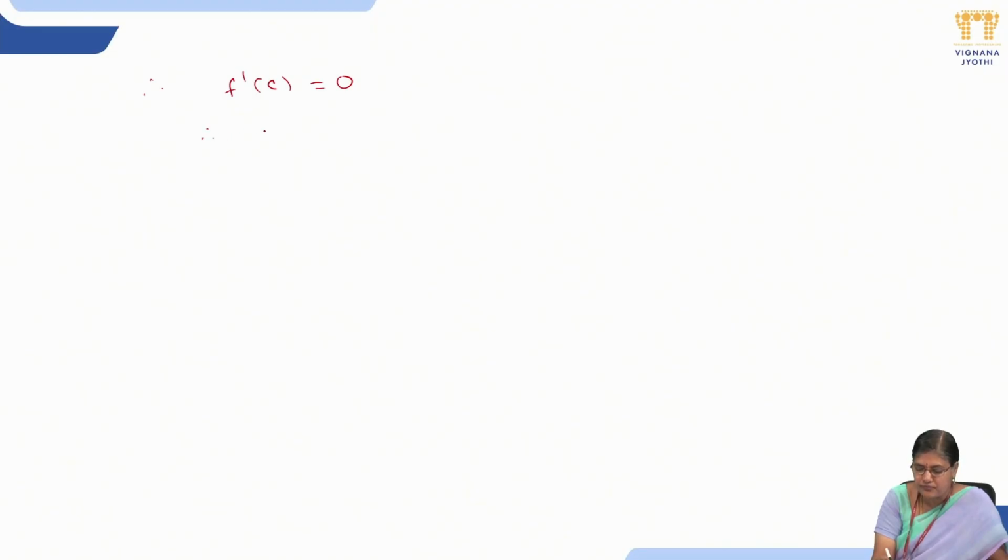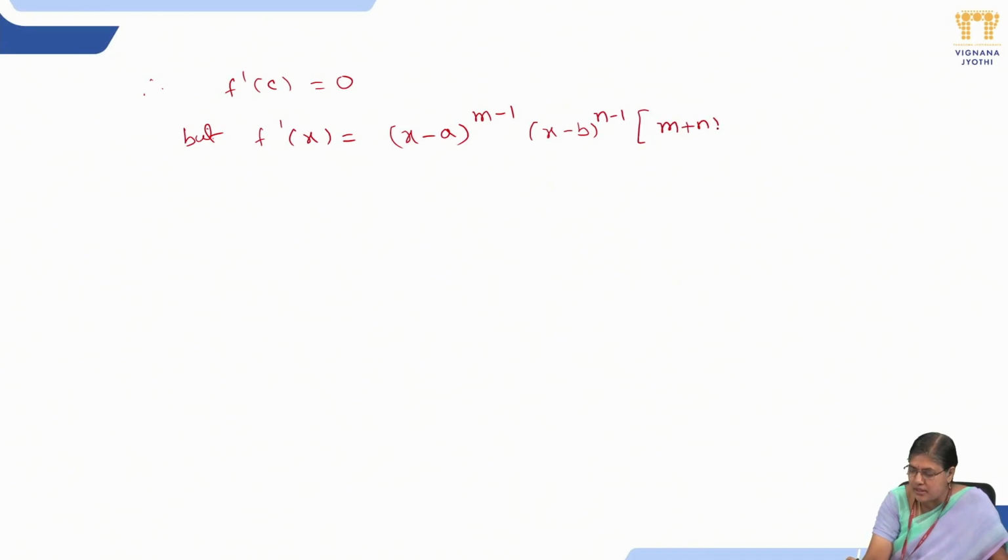Therefore, f dash x is equal to (x minus a) whole power m minus 1 into (x minus b) whole power n minus 1 into (m plus n) x minus (na plus mb).